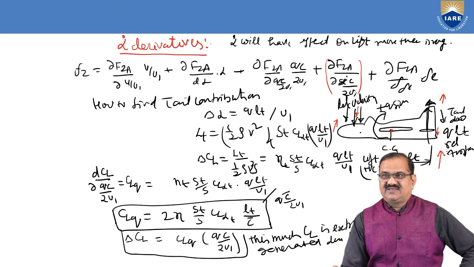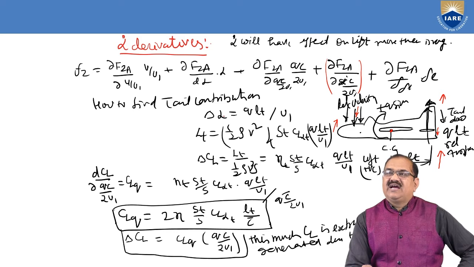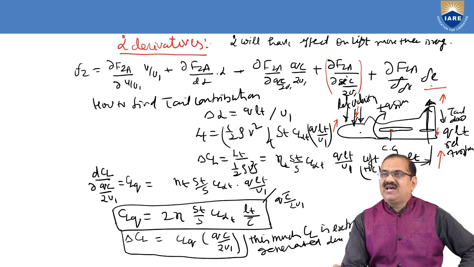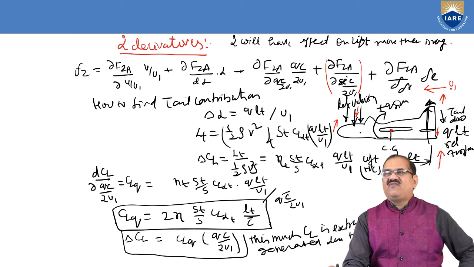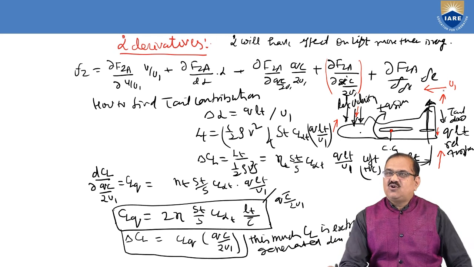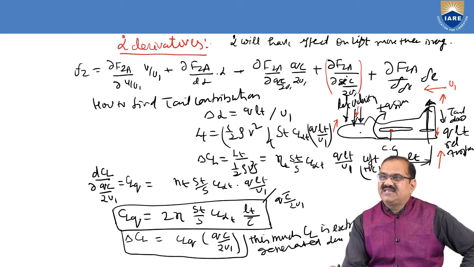radians. Okay, so here the angle of attack of this system will change, and that is delta alpha, and this delta alpha is equal to QLT by U1, where U1 is the steady state velocity of the aircraft in the x direction. So this alpha will be this angle, and this will be the alpha here.